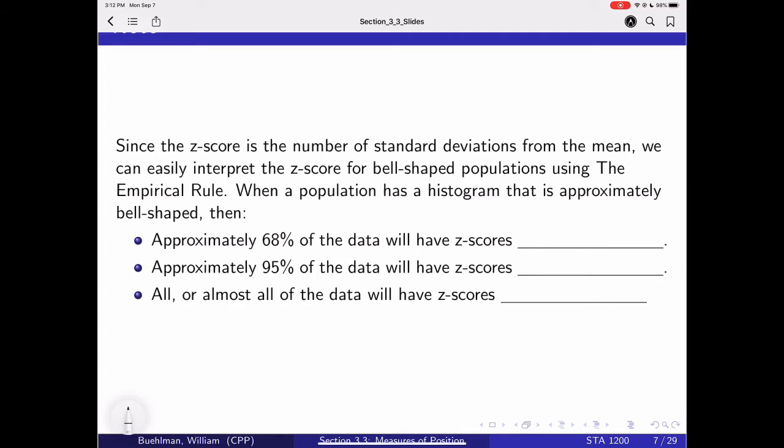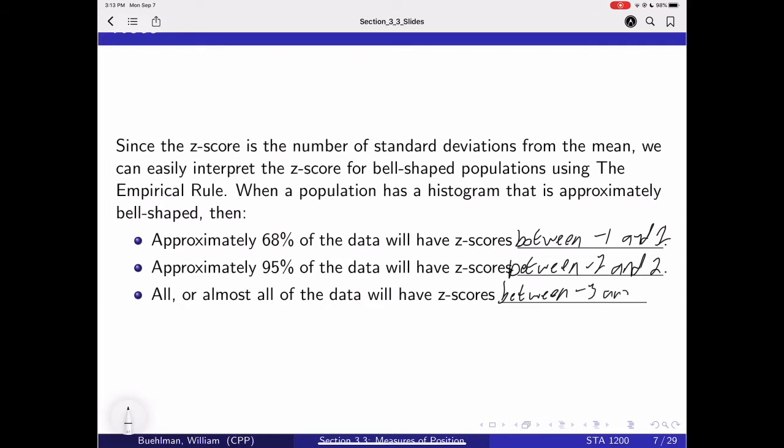When a population has a histogram that is approximately bell-shaped, then approximately 68% of the data will have z-scores between -1 and 1. Approximately 95% of the data will have z-scores between -2 and +2. And all or almost all of the data will have z-scores between -3 and +3.